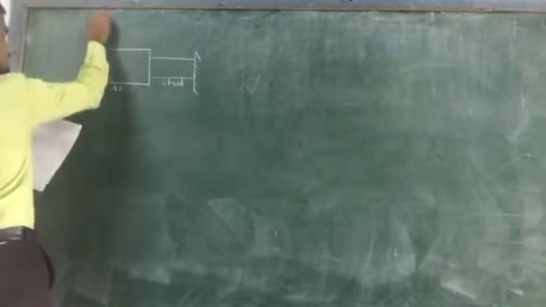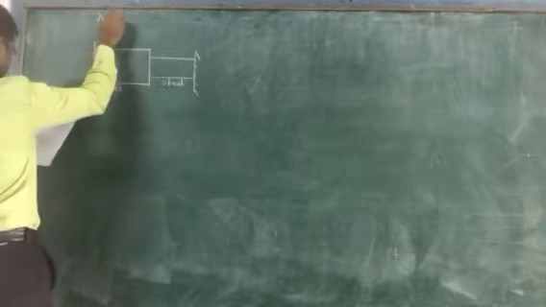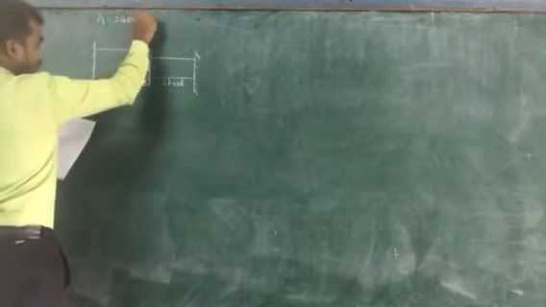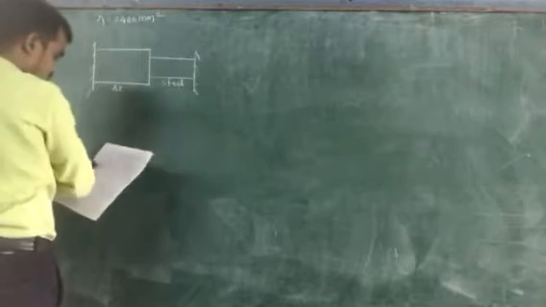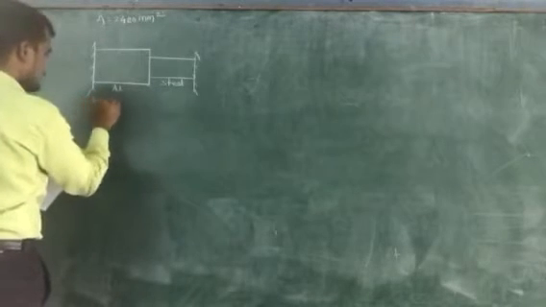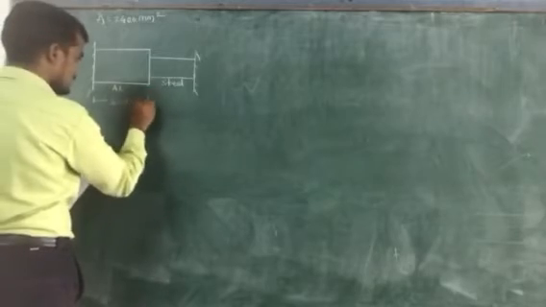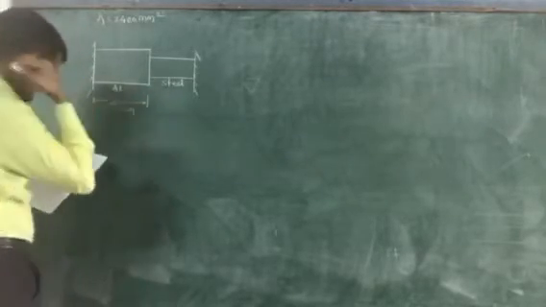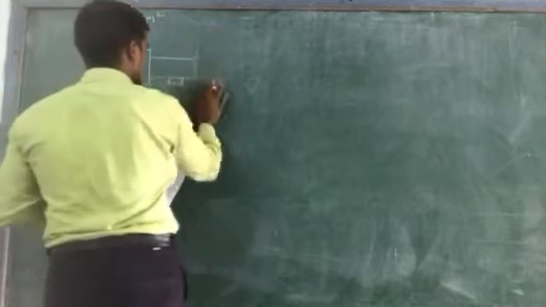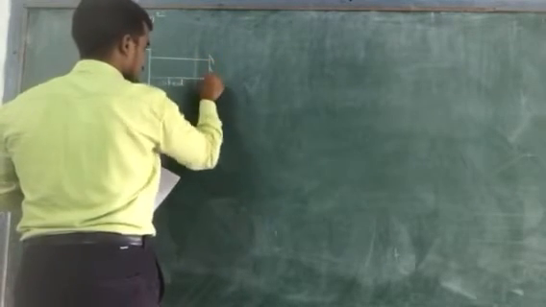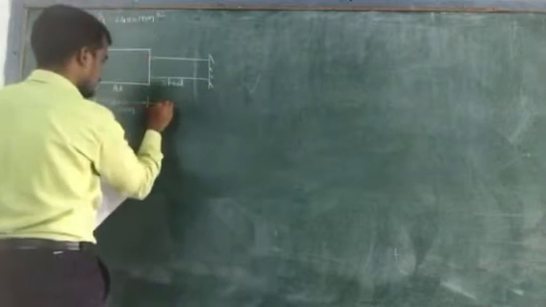For aluminium, A1 is equal to 2400 mm square. The length of the first bar is 300 mm, and the second length is 400 mm.